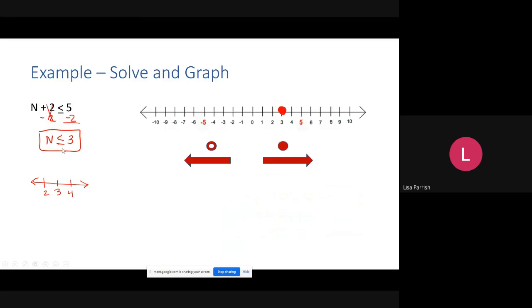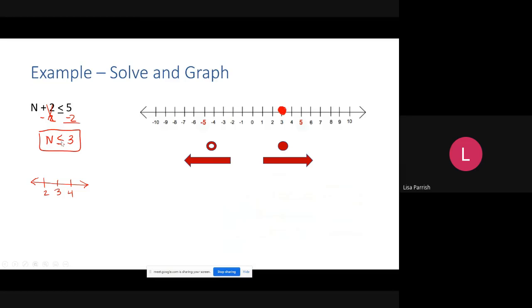So we put a closed circle because it's less than or equal to. You have that equal to bar. Now I have to decide which way my tail goes. Does it go to the left or to the right? Look at your answer. If the variable's on the left, you can look at which direction your symbol is pointing.